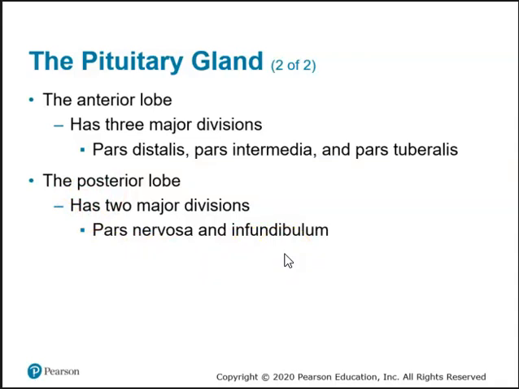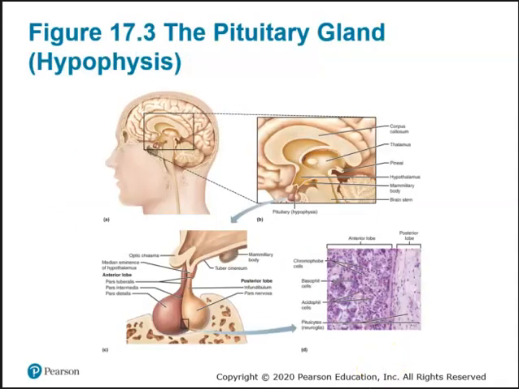I'm not going to focus too much on the anatomy of the different lobes of the pituitary gland. I would focus mostly on the types of hormones that are secreted by each lobe. So here we see a gross picture of the pituitary gland. We can see that the pituitary gland is located here.